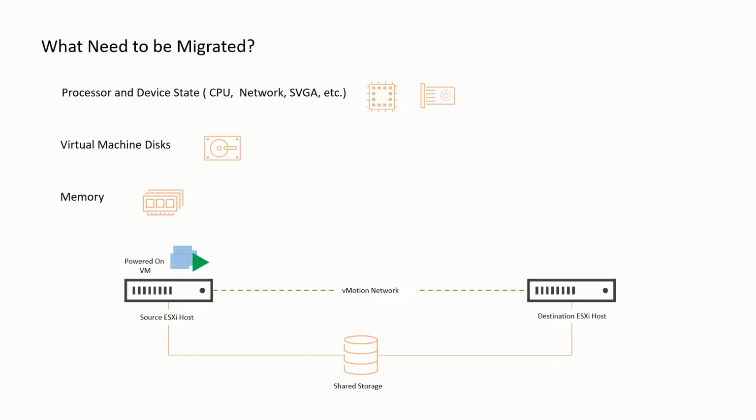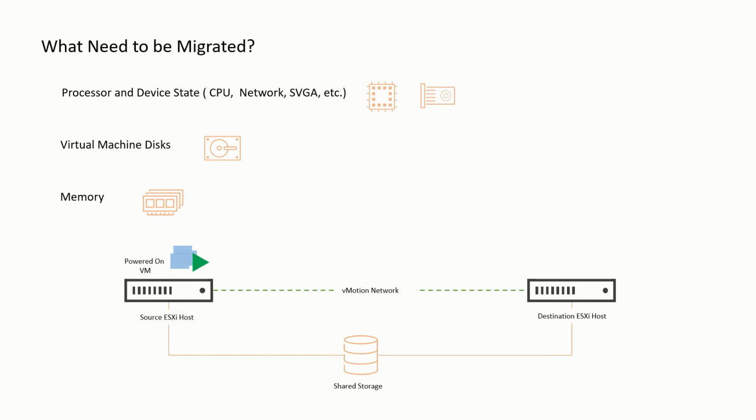But that is not that simple because the VM has an association with the physical resources, for example, the physical network and the VMDKs. So the vMotion process also needs to migrate these associations. In case of storage, the vMotion process requires that source and destination hosts must share all the common storage used by the VM's VMDKs.